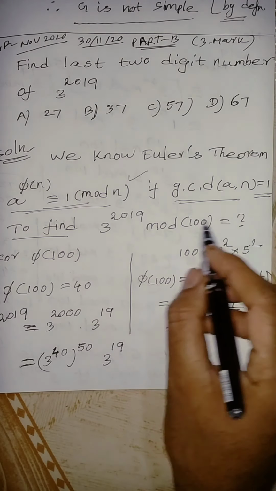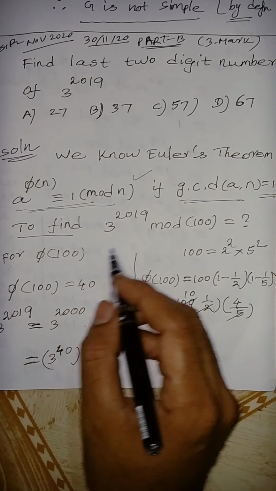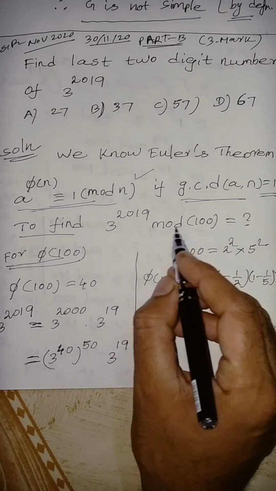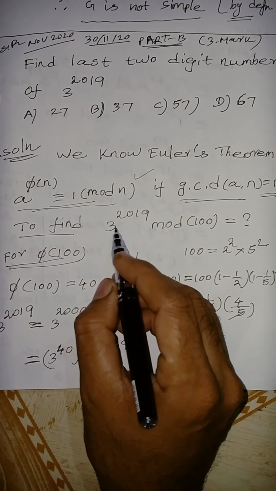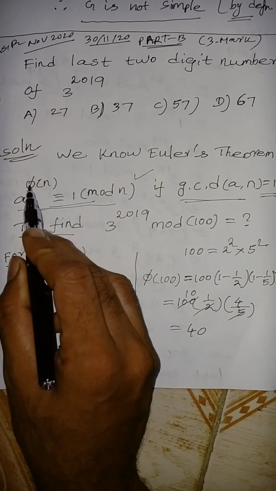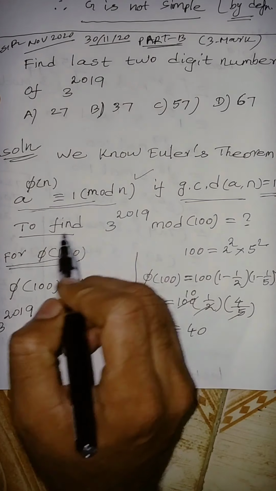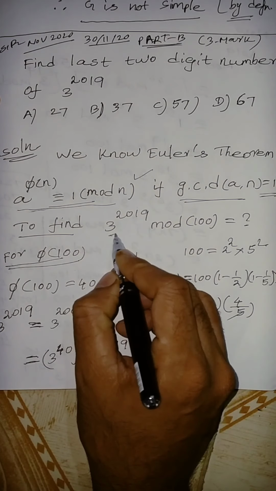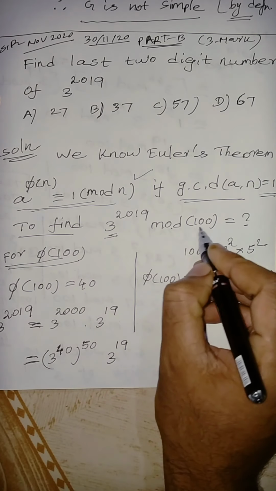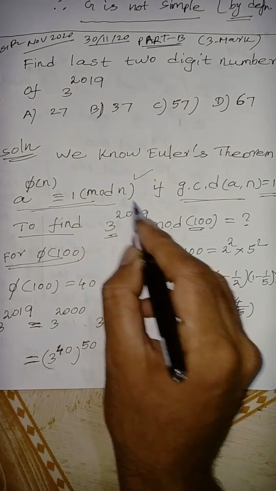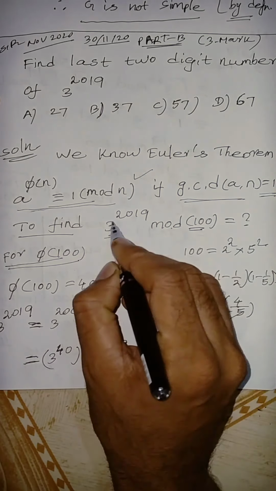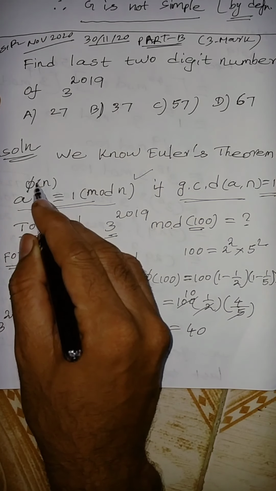So we have to find this. What is A here as per this theorem? A power phi(n) congruent to 1 mod n. Here A is 3 and the n value is 100.